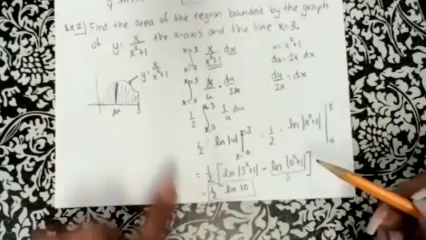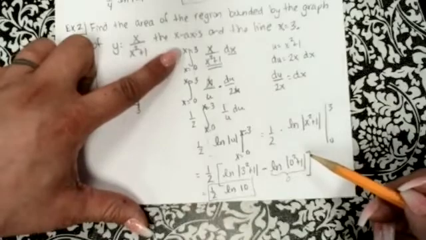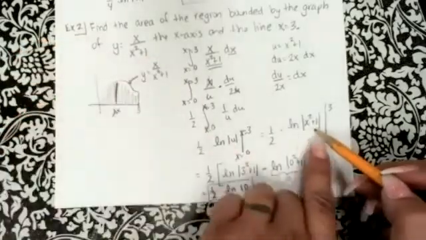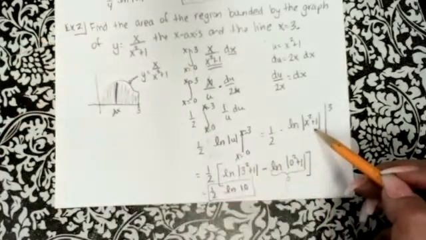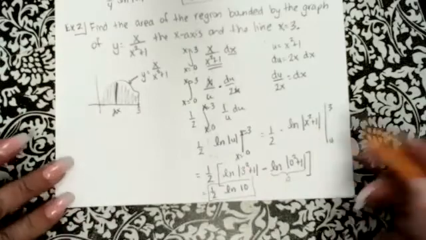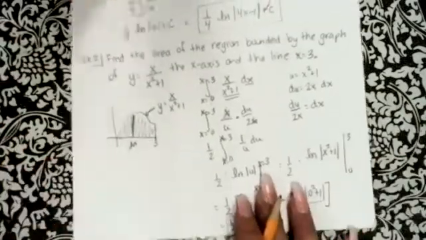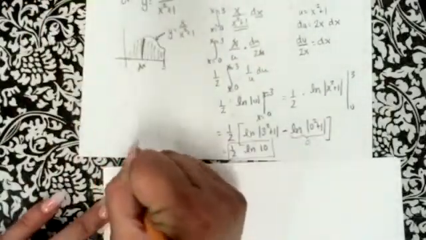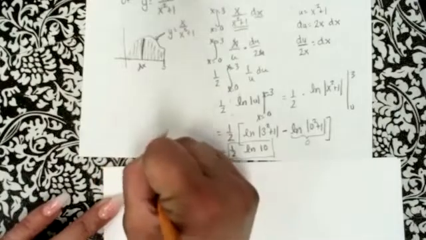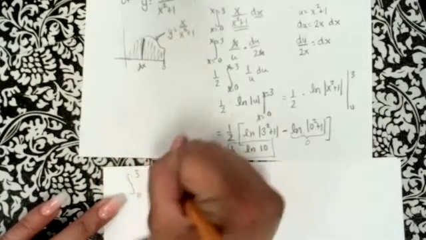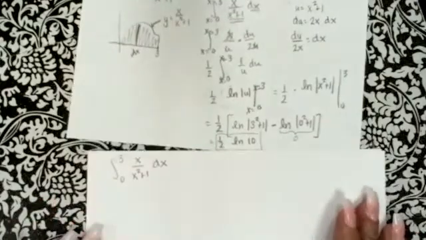Now, let's say I change my upper and my lower. If I change my upper and my lower into u's, I would skip this step and skip all the arithmetic in between. So let's go back to the very beginning. Now, this is the way I would have solved it.